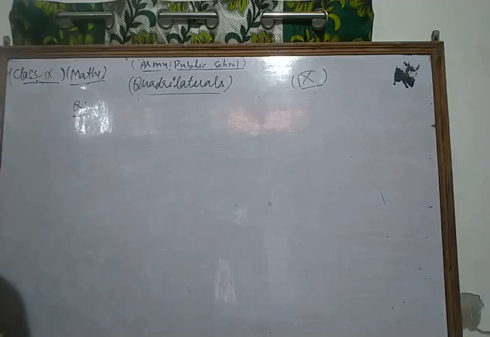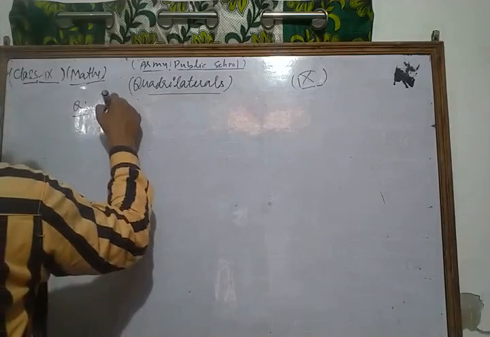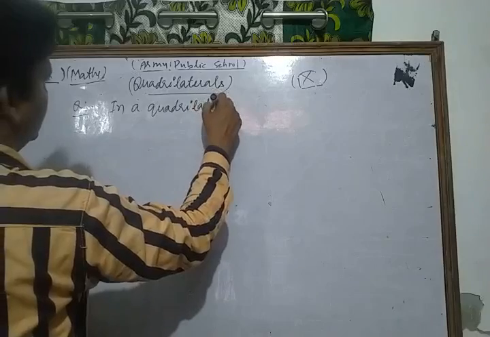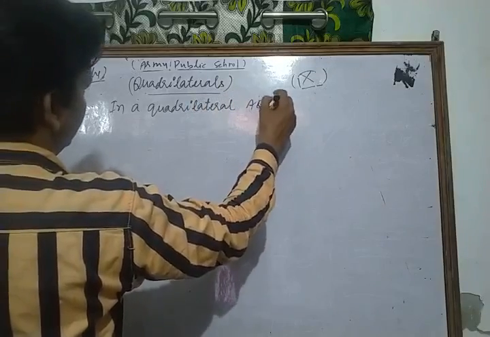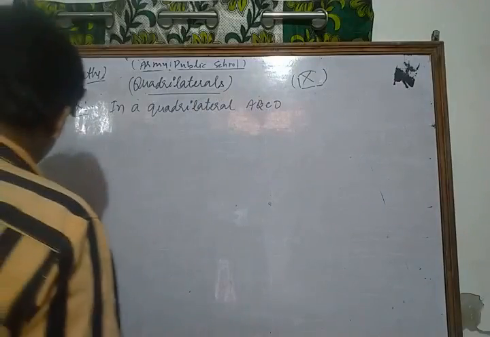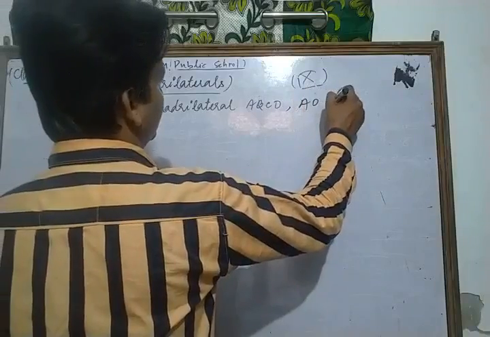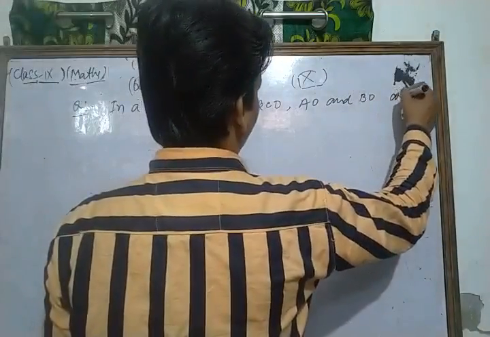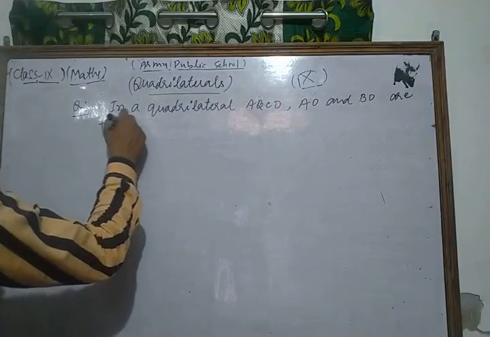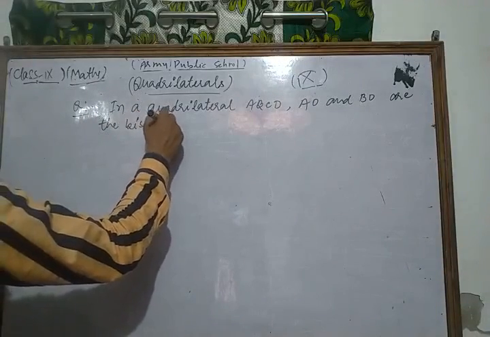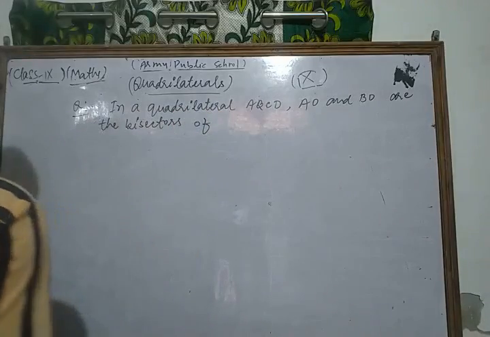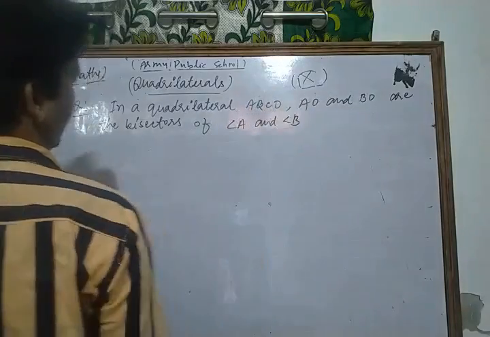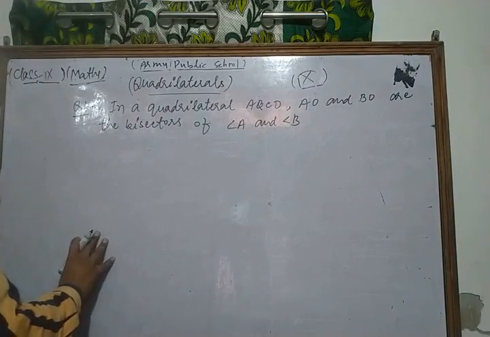Your question is: in a quadrilateral ABCD, AO and BO are the bisectors of angle A and angle B respectively.